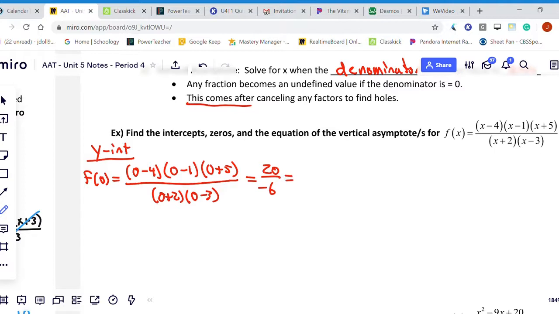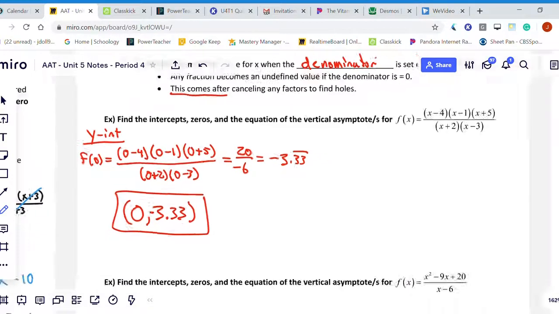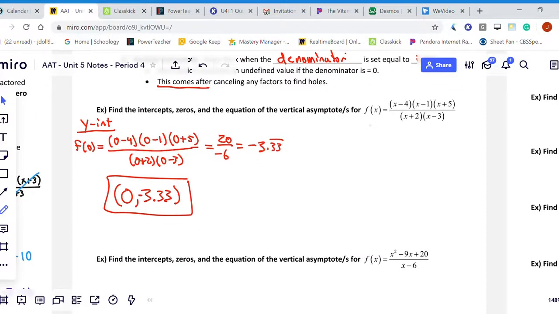If you take your calculator and divide 20 by 6, you are going to get -3.3 repeating. So the y-intercept is the ordered pair (0, -3.33). Pretty straightforward, pretty easy.